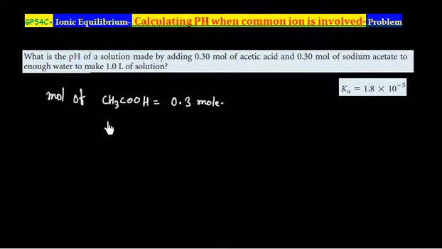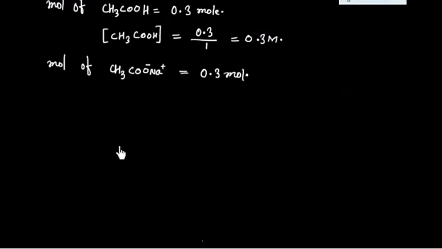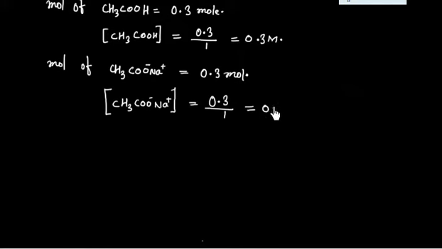Since the volume is 1 liter, the concentration of acetic acid is moles by volume, so this is 0.3 M. Now the acetate ion, that is given 0.3 mole, that is sodium acetate, so the sodium acetate concentration will be again 0.3 divided by 1, so this is 0.3 M.